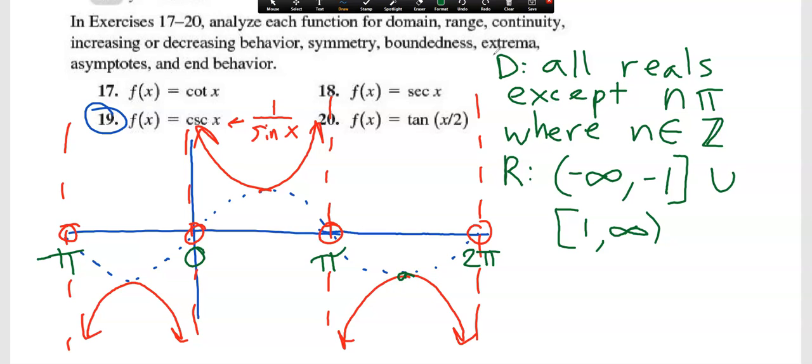Now, what kind of points of discontinuity are those? Didn't have a jump.